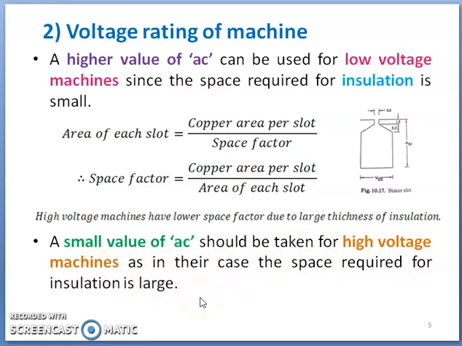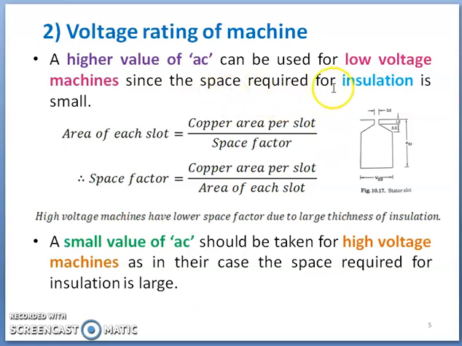Type of insulation material and its thickness depends upon two factors. One is voltage withstand capacity and second is temperature rise. Higher class insulating materials are required to withstand higher temperature, and thicker insulation should be put for withstanding high voltage.